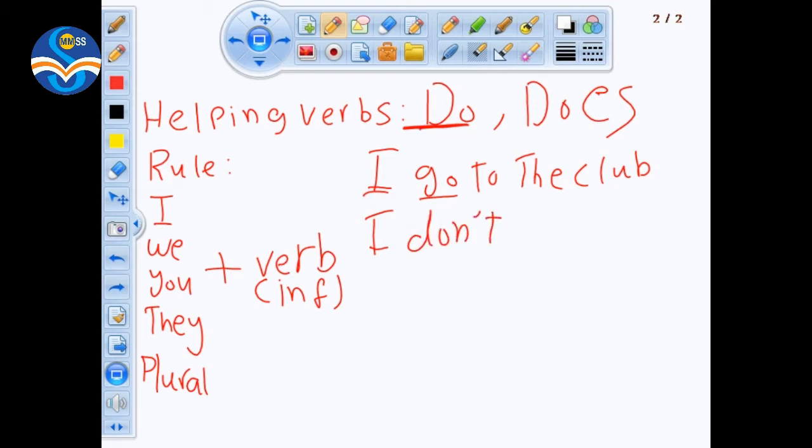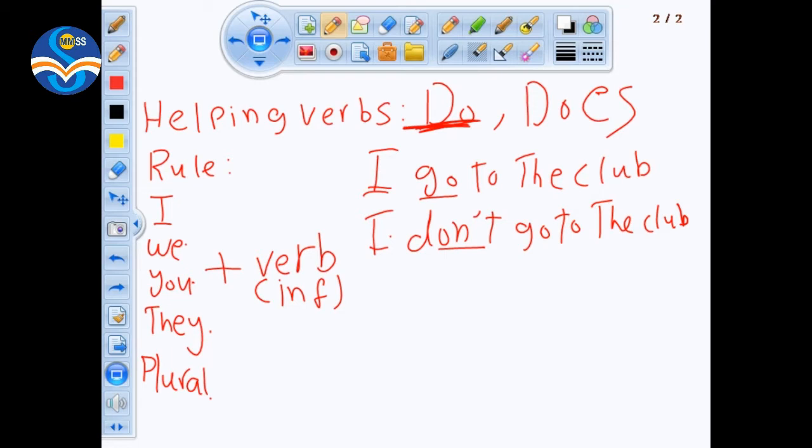That's why we were speaking about do at the beginning, because I, we, you, they, and the plural take do. So I put I don't go to the club.